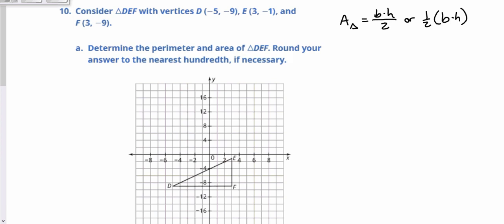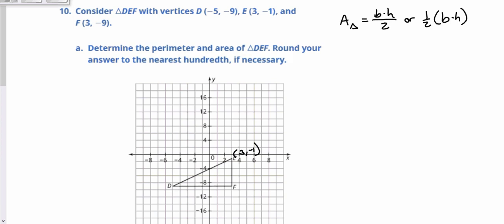Okay? All right, so let's label our points here. So we have E, which is 3. Notice again that we have squares along the x-axis go by 1s, but squares along the y-axis go by 2s. So you have to always make sure that you're clear on what your units and what your intervals are. So this is 3, -1.